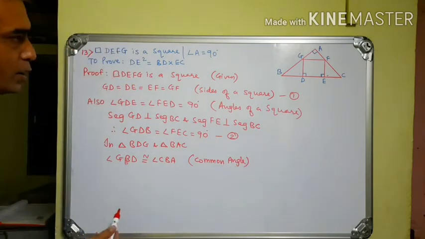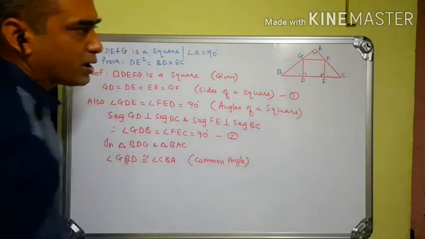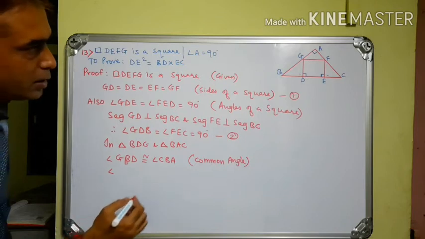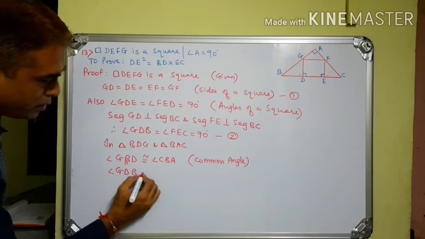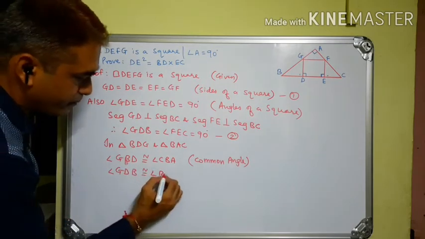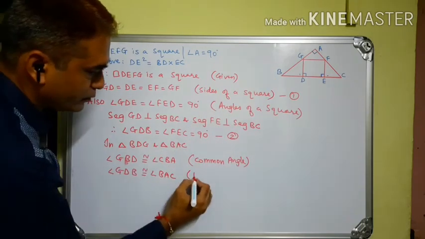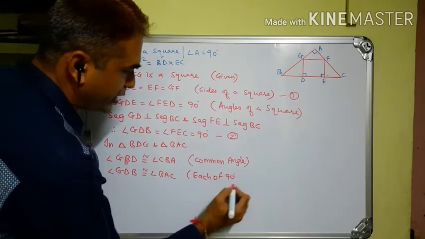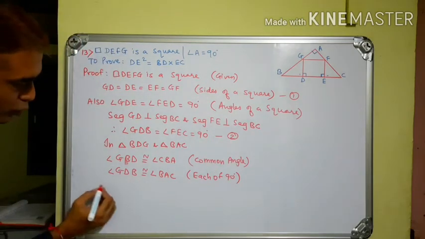And second, we know that this angle and this angle both are right angles. So angle GDB is congruent to angle BAC because both are of 90 degrees. So we have got two pairs of congruent angles.